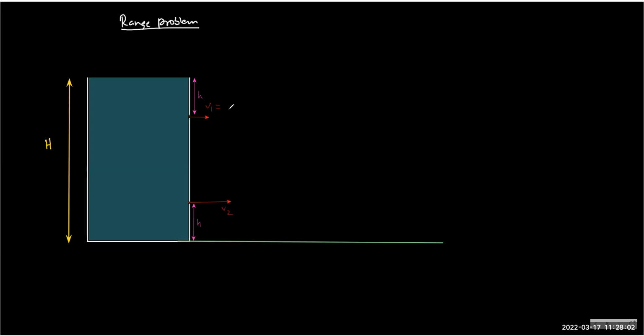Root 2g(H minus h). And what is v2? Root 2g h. Okay. So now, because you know the velocity and it is just like a horizontal projectile motion, what do we expect for the range? So not to your surprise, if the top will fall here, the bottom will also fall here.